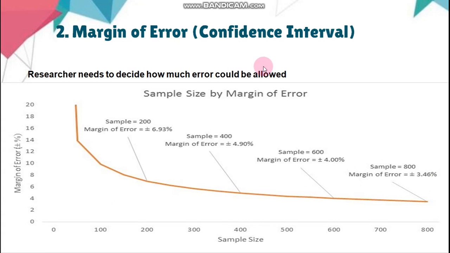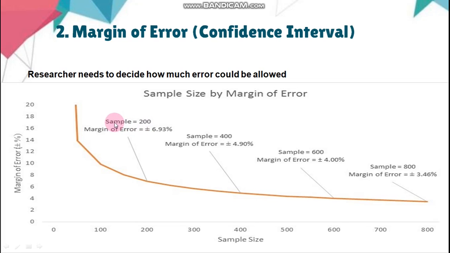Next one is margin of error. Researcher needs to decide how much error would be allowed in her research work. All the research work definitely consists some percentage of error. If the researcher wants to reduce the error, he should increase the sample size.